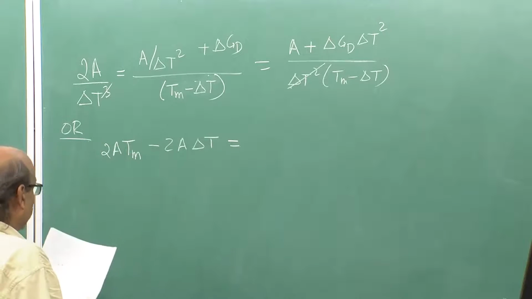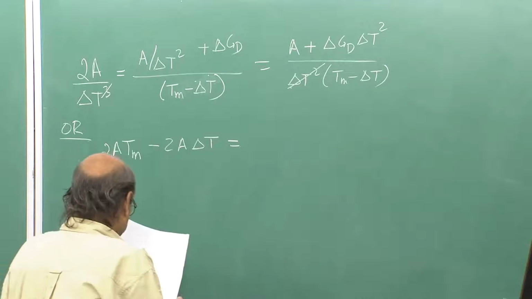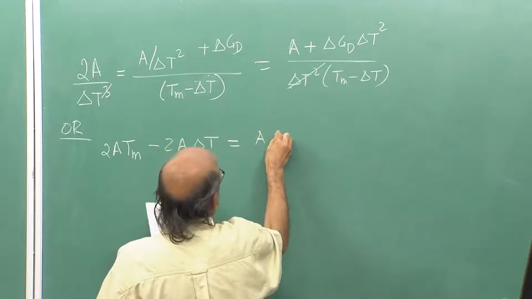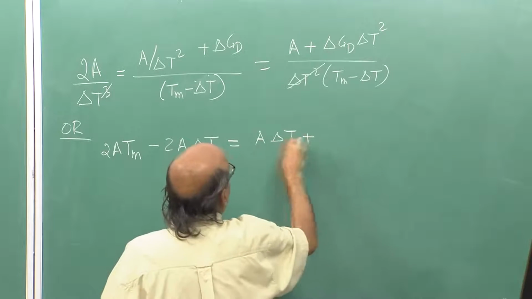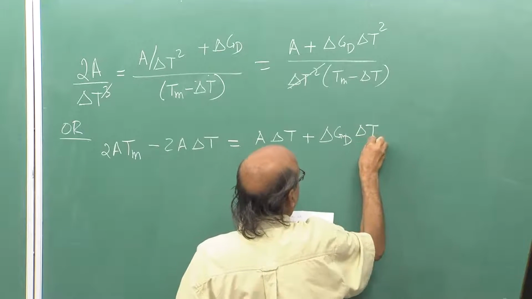And now I am rearranging. So, I will get 2A Tm minus 2A delta T equal to A delta T plus delta Gd delta T cube.